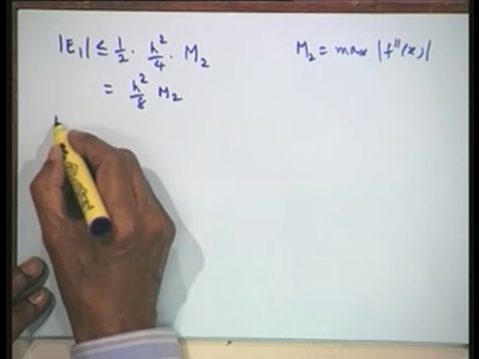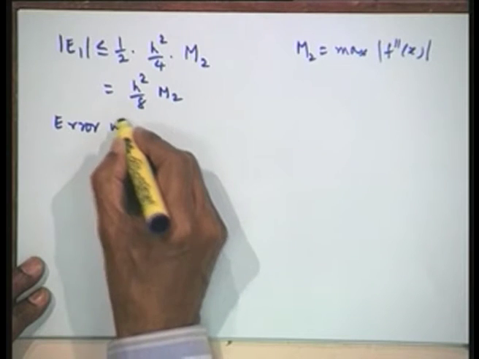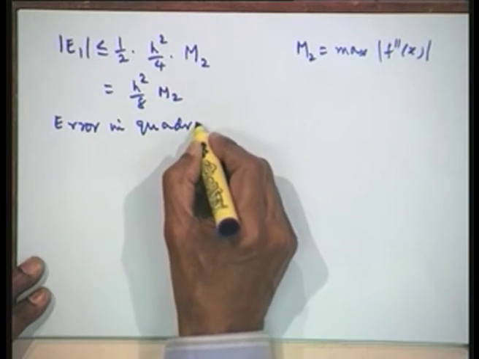Now, another important one is the error in quadratic interpolation. Let us do quadratic interpolation also.